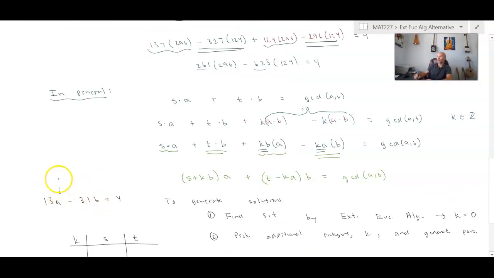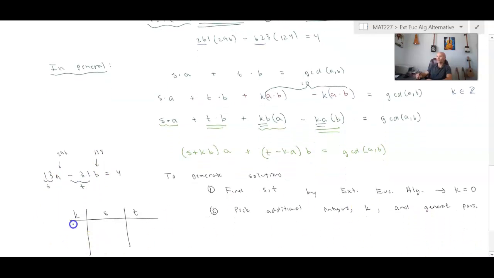Now remember, a and b are just 296 and 124. And this is our value of s. This was our value of t. Now this is when k is equal to 0. By default, you find the s and t for a k of 0, because again, it's just sa plus tb.